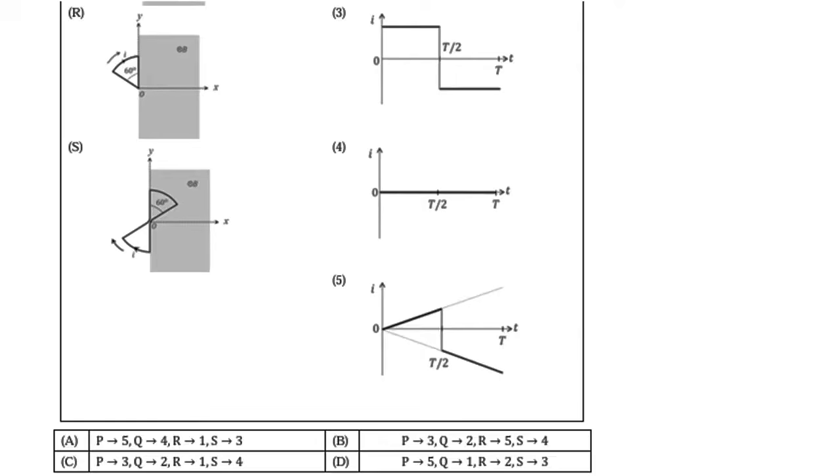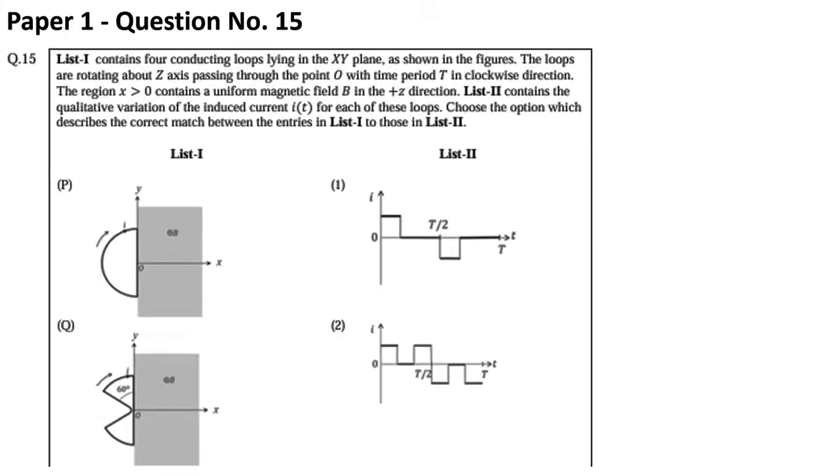Now here the current will be only for, again, T by 6. So for T by 6 there will be current and for the remaining there will be no current. Can you show option number 1 and 2 once? 1 and 2. No, for this one the answer will be option number 2. Sorry, the answer will be option number 2 because there are two loops like this, no? So current will initially be non-zero, then current becomes 0 here and then current becomes non-zero.